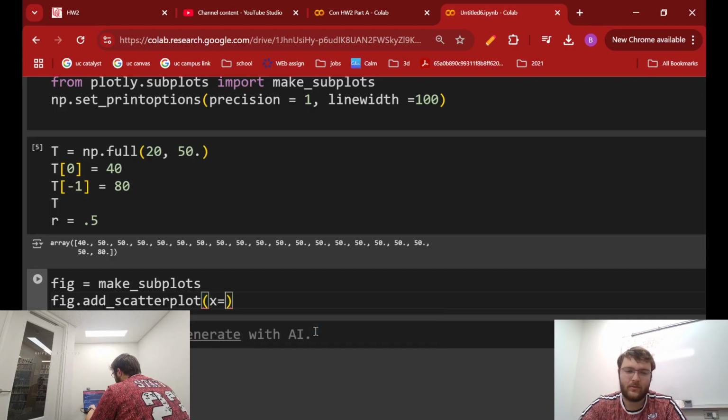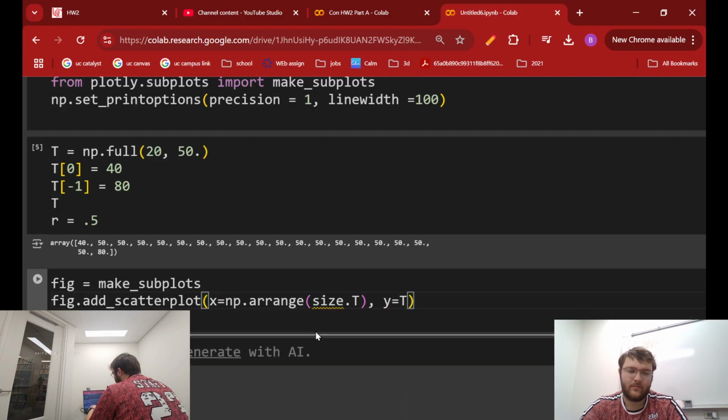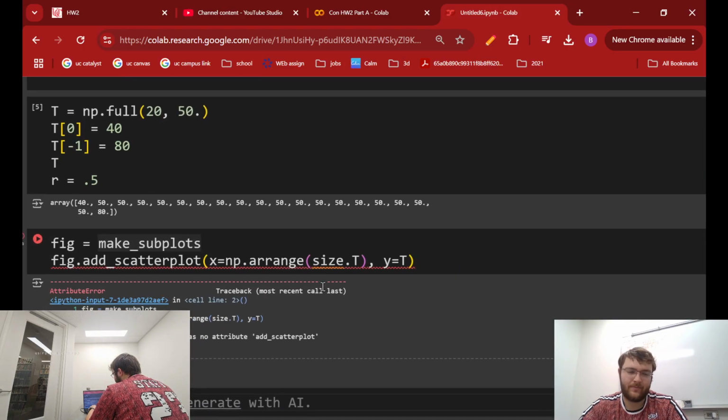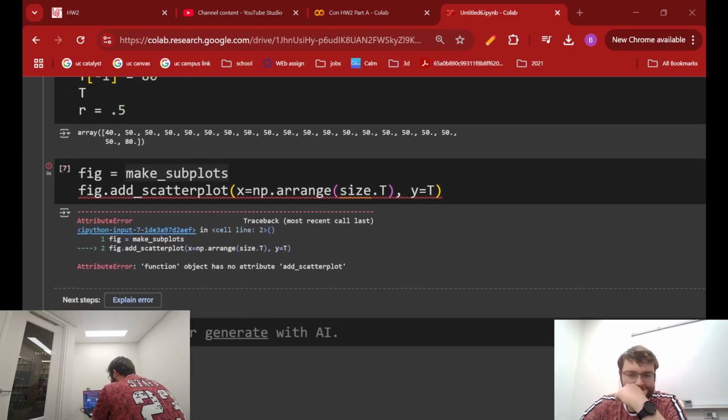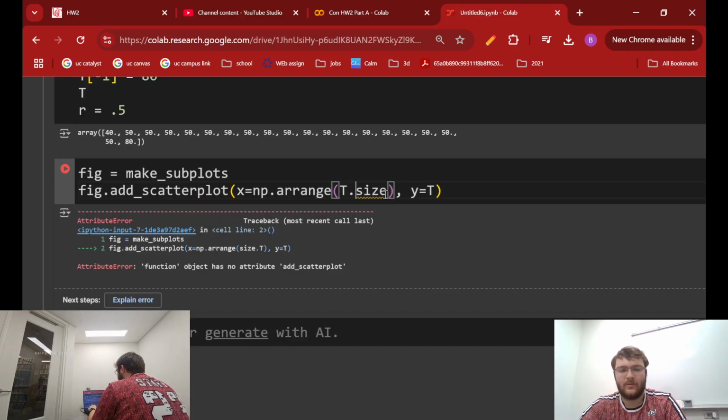So x would then equal np.arange, dot t, I think is how it be right, and then y equals t. No. T dot size.